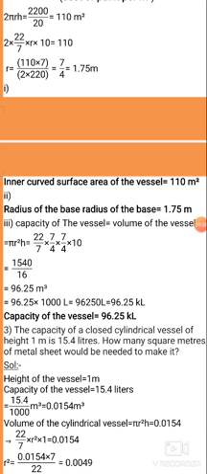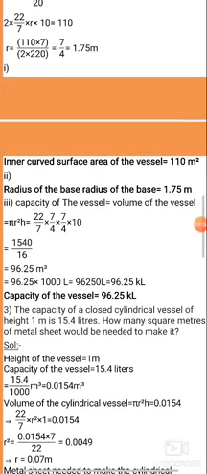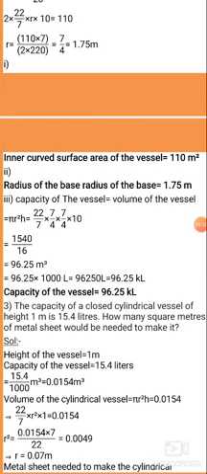Okay. Now listen carefully. When you multiply it, r square is equal to 0.0049. Now if r square is 0.0049, then what is r? Square root of that. Square root of 49 is 7. Square root of 2 zeros is 1 0. So the radius is 0.07 meter.